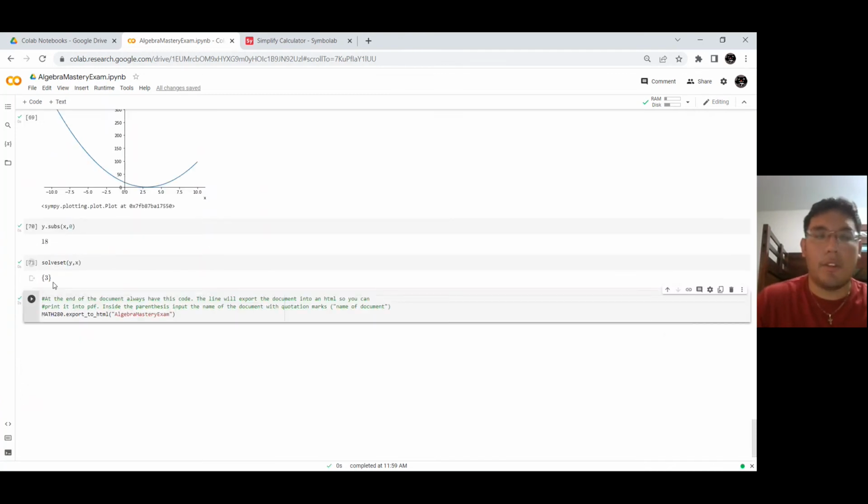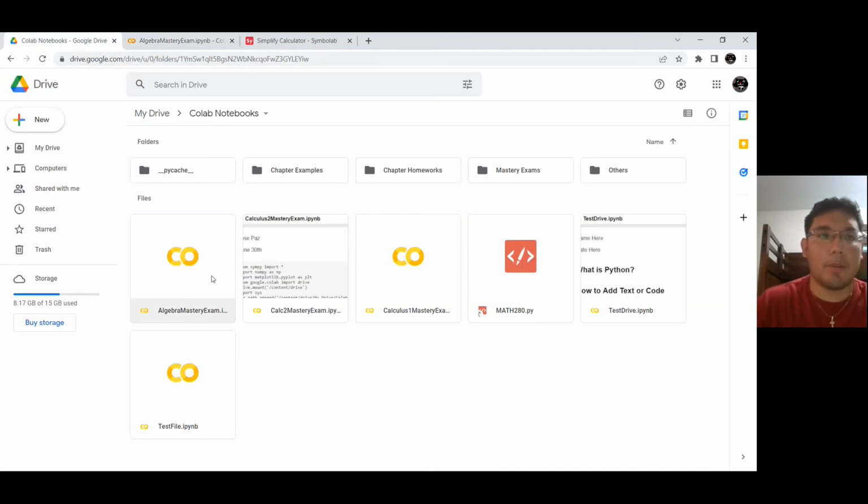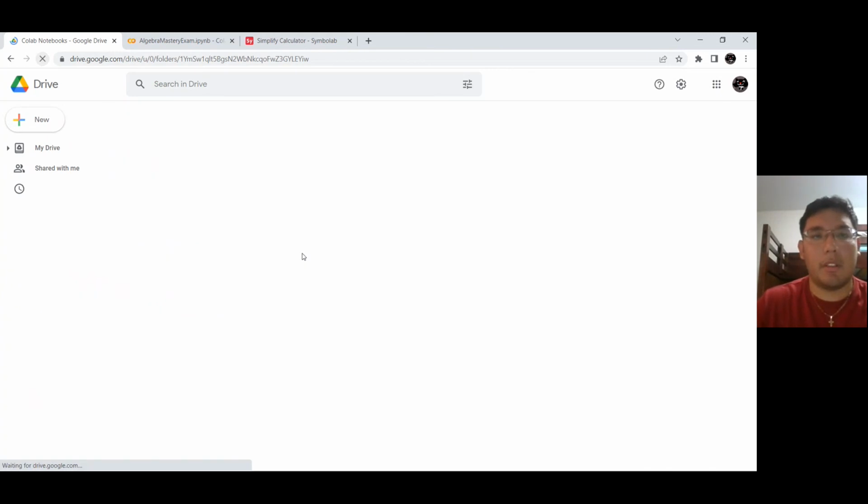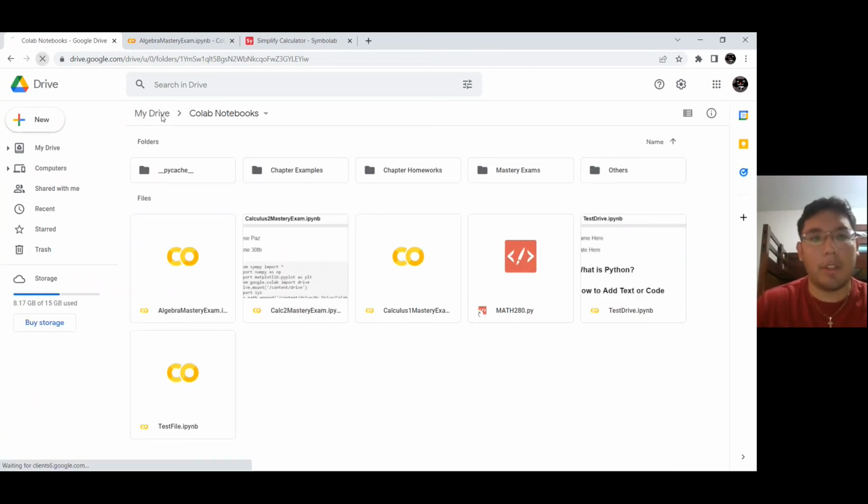Lastly, to export our document to our Moodle page, we remember to use this command, math280.export to HTML, and inside it would be the name of the document within some quotation marks. So after we run that and go to our Google Drive, we should be able to see it in a bit, hopefully.